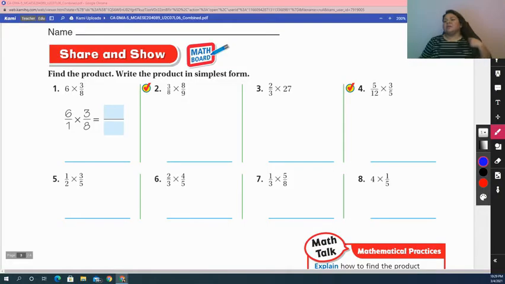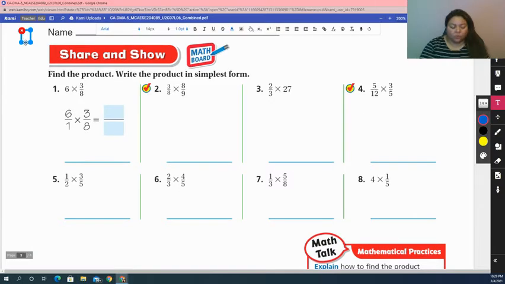All right, so now I'm going to do a couple more examples, but I also want to show you how to cross simplify. I'm going to write this on top so you can see it. Not cross multiply, cross simplify.